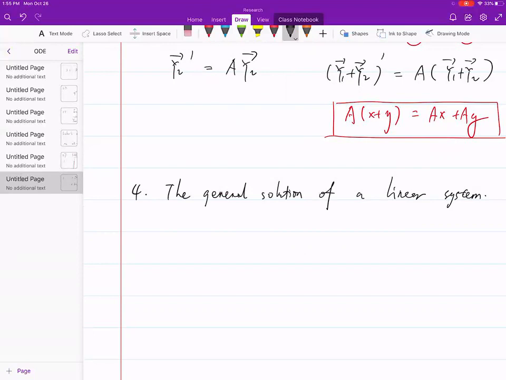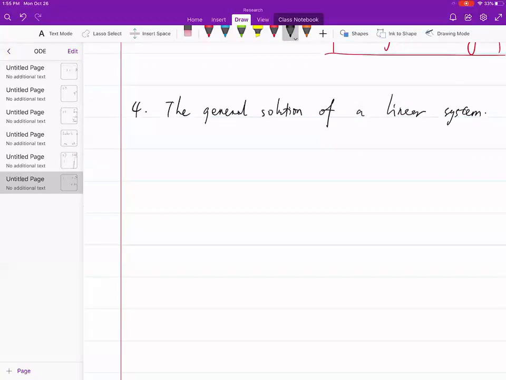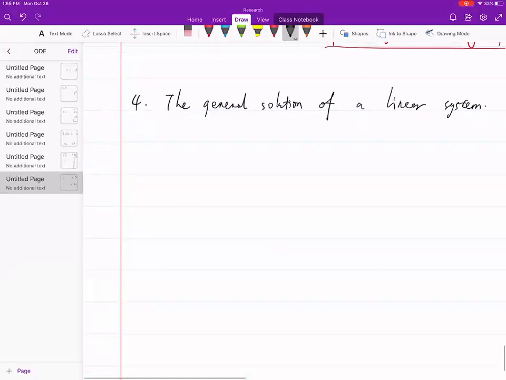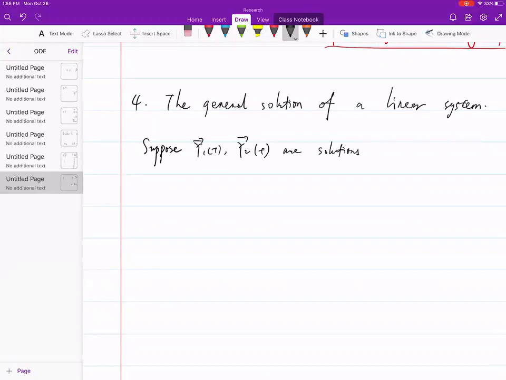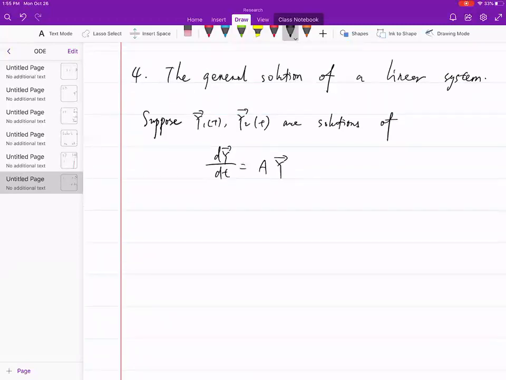Okay. I will write down what's in the book, which only works for 2 dimensions, but we can generalize. Suppose y1, y2 are solutions of dy over dt equals Ay.